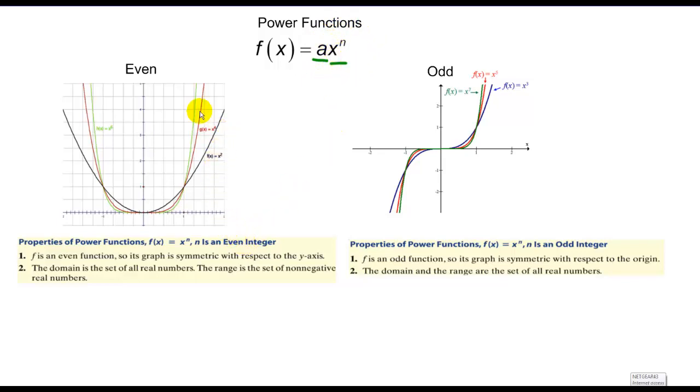And you'll notice that with even polynomials, no matter what they look like, this could be 2, 4, 6, 8, 10 for the n value, they will always, as long as that leading coefficient is positive, go up on both sides, while an odd polynomial, 1, 3, 5, 7, 9, will always go up to the right and down to the left.